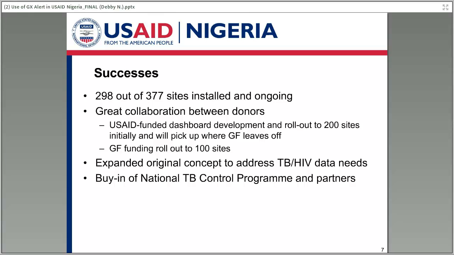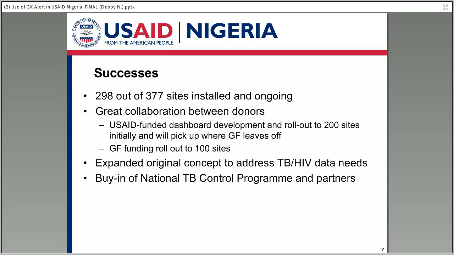And this process has been one of our success stories in terms of collaborating between donors. So USAID and Global Fund have partnered with this in a very seamless way. We basically funded the initial rollout of GXAlert. Well, beyond the proof of concept, we funded the initial rollout through a mechanism called through Associates.